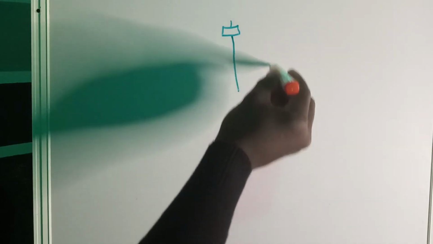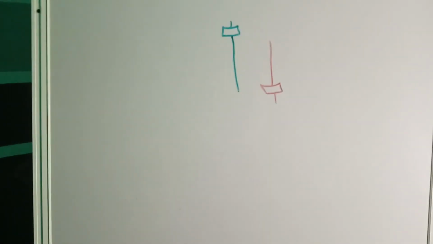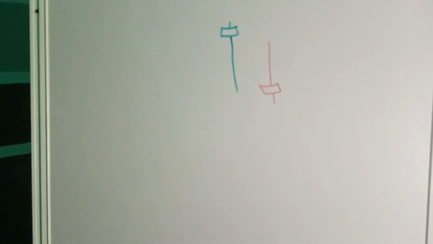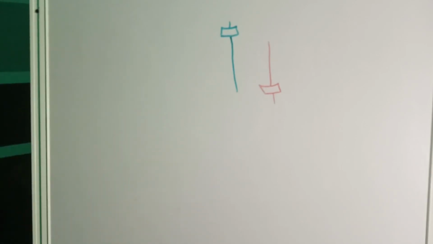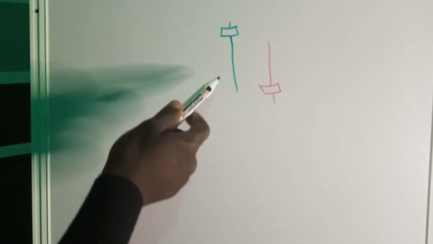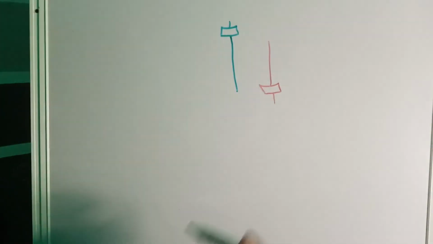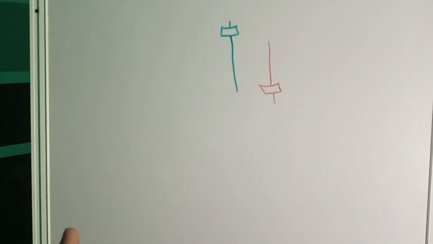Small body, long wick. Now if you are looking at this, you discover that the shooting star is almost the same thing as the hammer candlestick. This is the hammer, this is the inverted hammer. They are all part of the shooting star family.